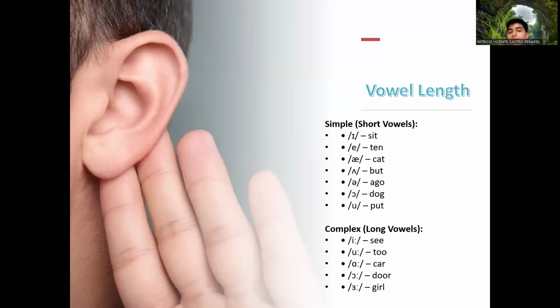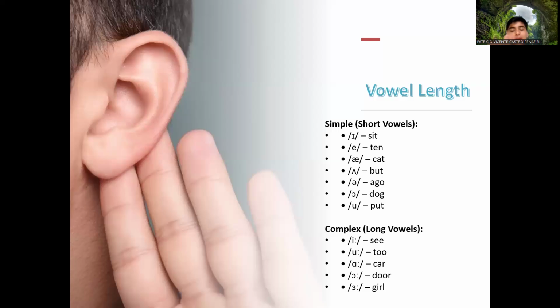In the first word, we have see. You have to smile and stretch the sound. See, like ee. Or cheese, or read. You can hear this vowel in this kind of word.